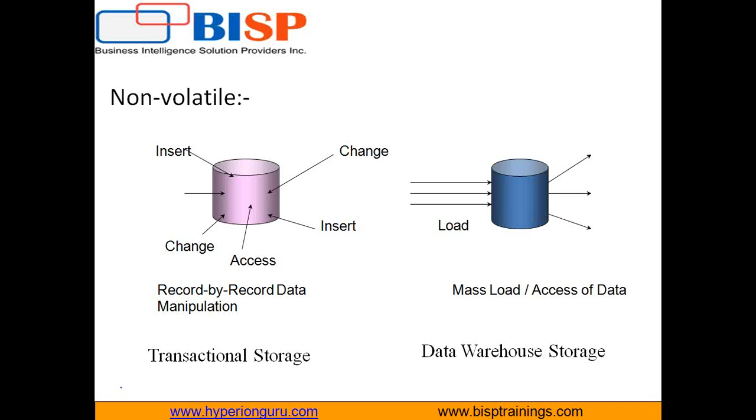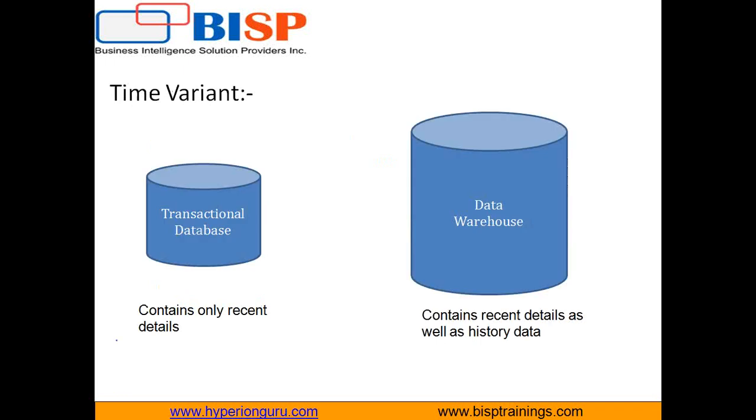Next, what is time variant? As we have discussed, data warehouse stores a huge amount of data. In a transactional database, you may have smaller or the most recent data. But when you go into data warehouse, you will see all the information, all the history of a particular record.